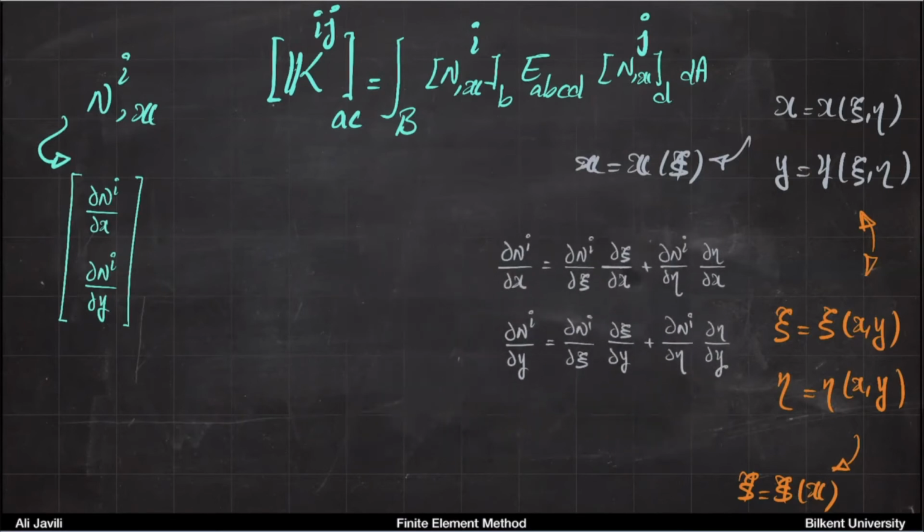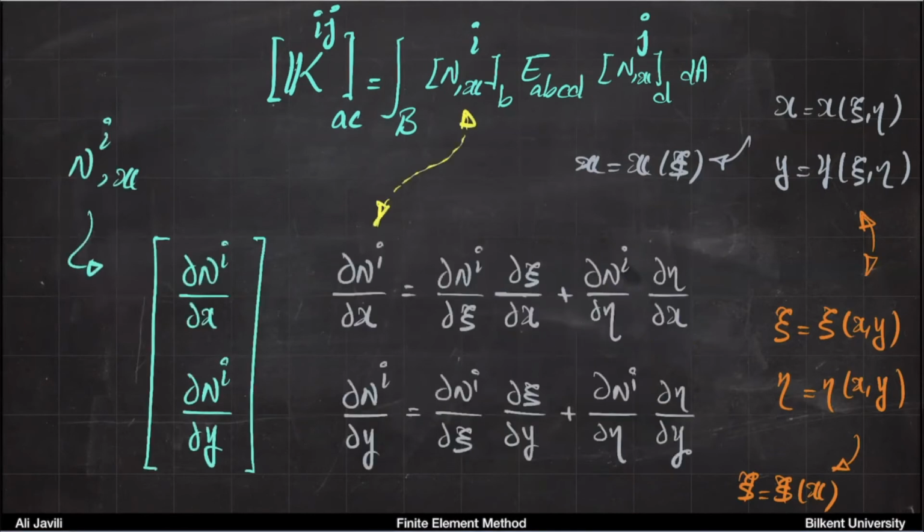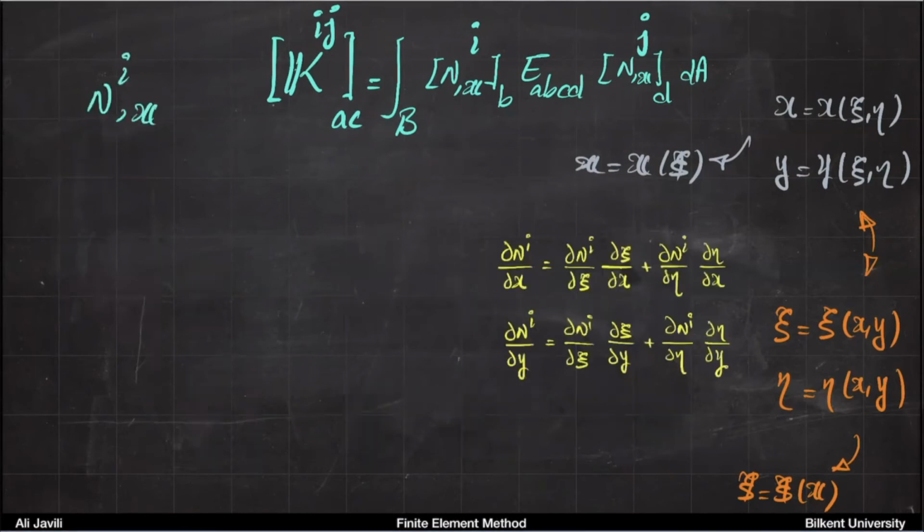So let me put this here in yellow color. Now, based on what you have in yellow on the right-hand side, and what you want to calculate here, you can clearly write the following. The derivative of N_i with respect to x, and the derivative of N_i with respect to y. Now, this is exactly the vector that we had.